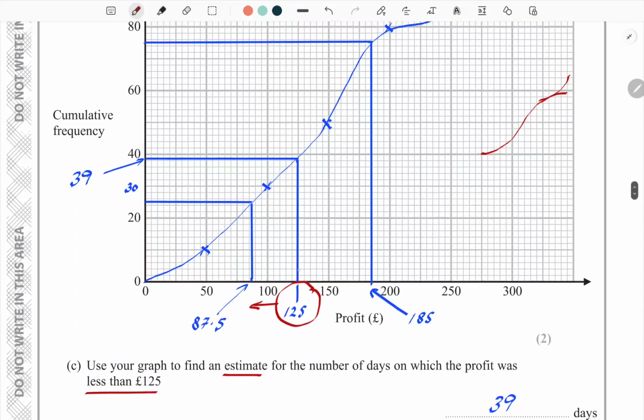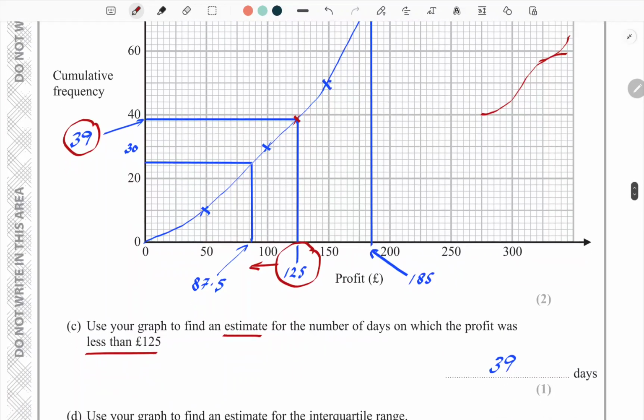So effectively, I want to go up, draw the line going up from 125, see where it hits the graph that you have on your piece of paper, and read off the frequency, okay? And I got the frequency to be 39. And so the 39 days where the profit was less than 125.